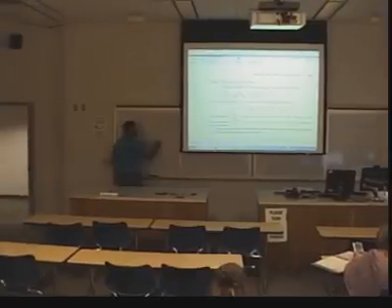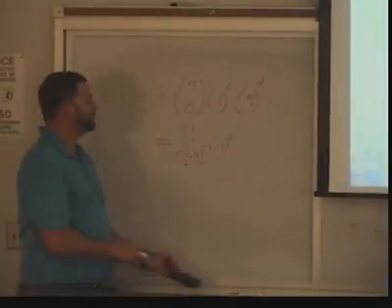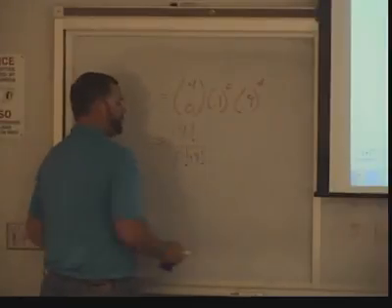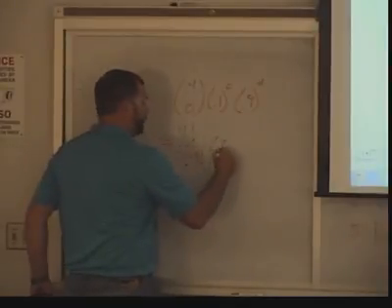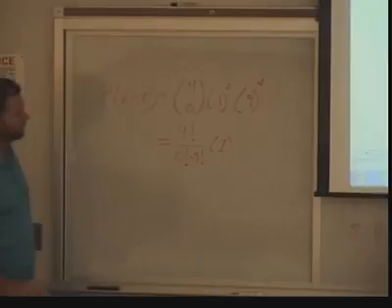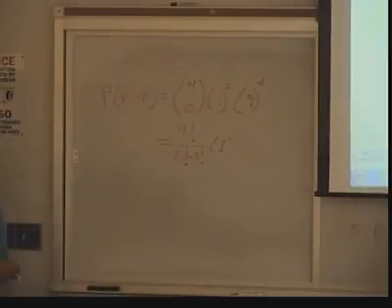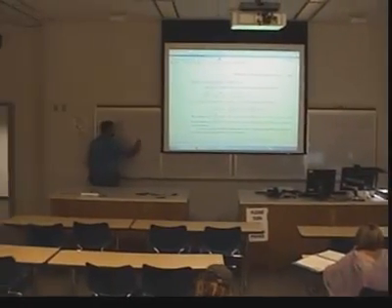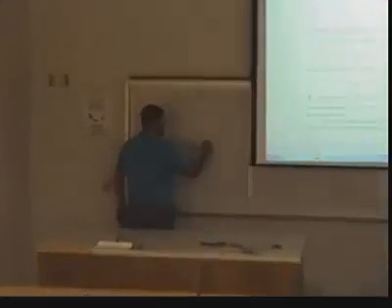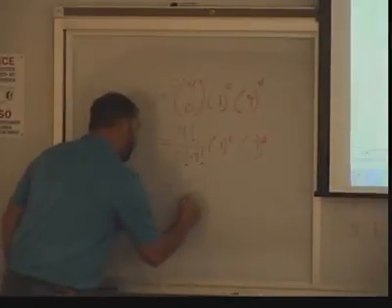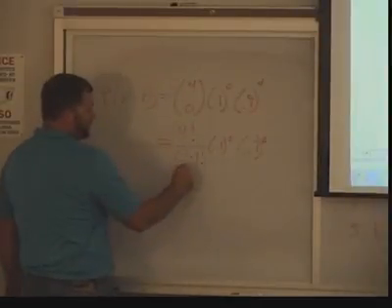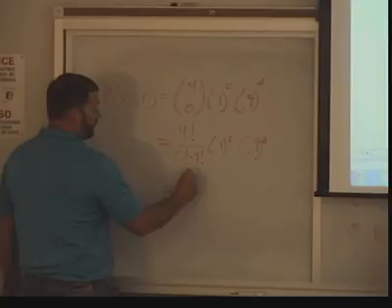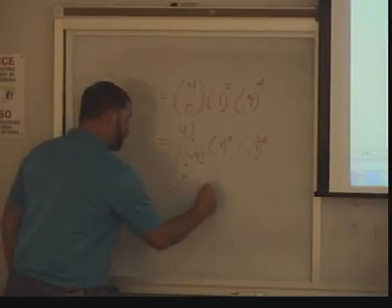Times 0.1 to the 0. What's anything to the 0? 1. Times 0.9 to the 4th. So this piece, 0.1 to the 0, is 1.